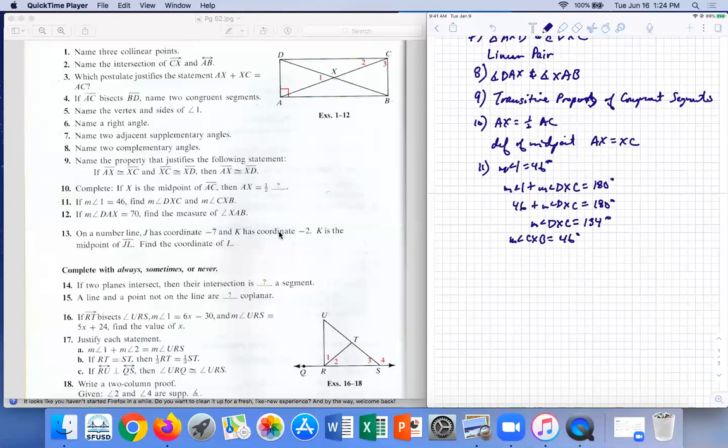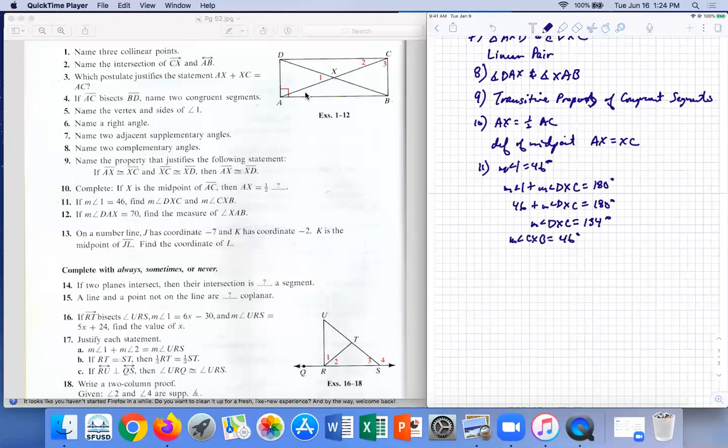All right, number 11. Number 12, if measure angle DAX is 70, so DAX is here, this is 70, find the measure of XAB. These two angles, DAX and XAB, are complementary.